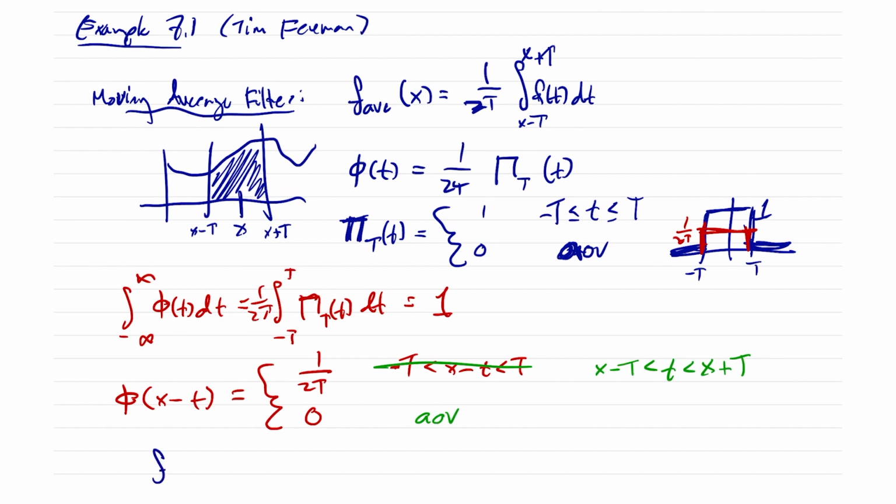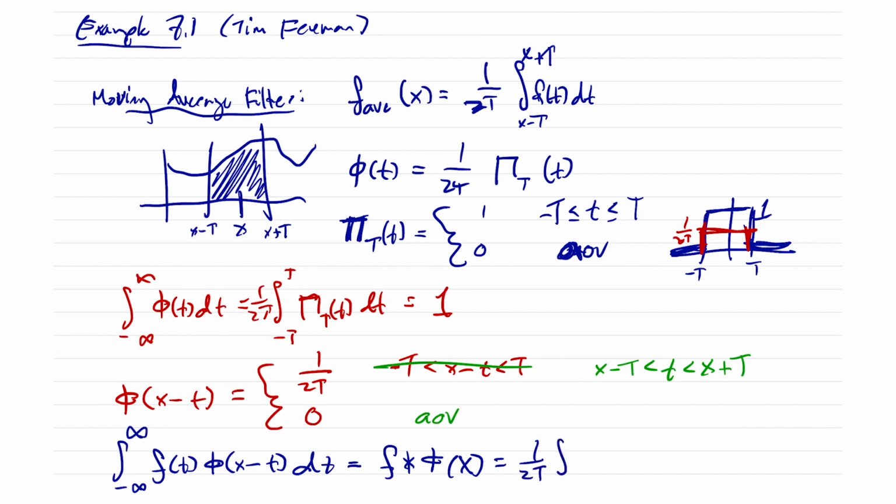We take f of t times phi of x minus t, and if I take the integral from minus infinity to infinity, dt, then what we get is not only f star phi of x, but it is also the same as writing 1 over 2t times the integral from x minus t to x plus t of f of t dt.